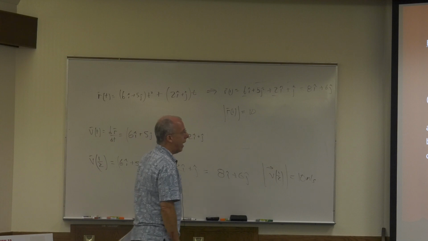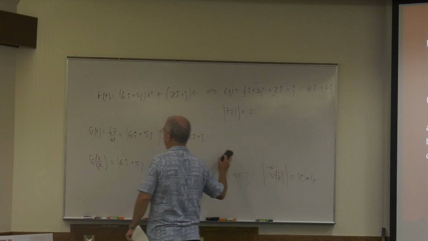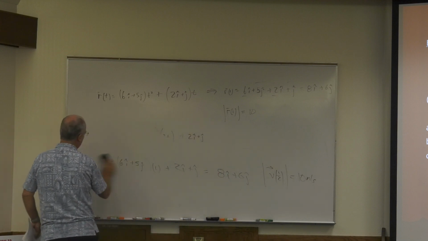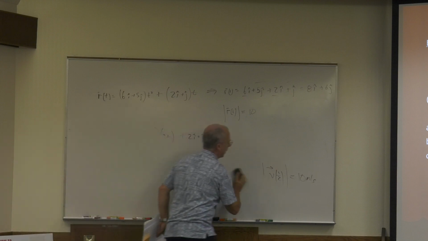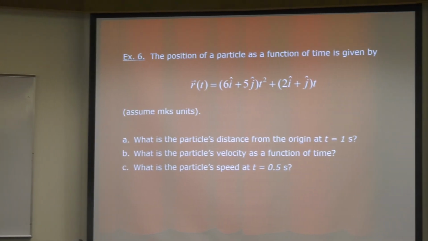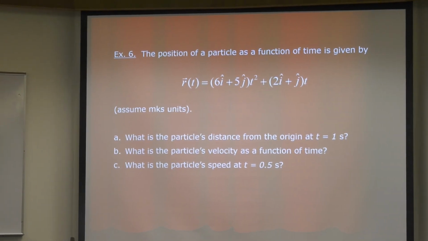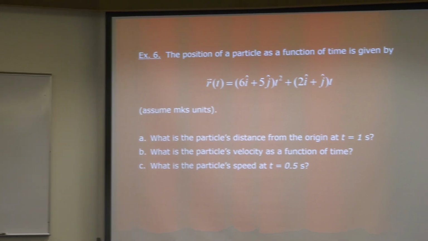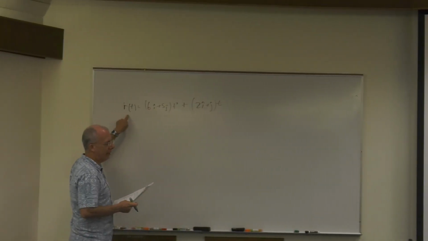All right, now I want to show you something else that you're going to use a lot in lab. And this sometimes drives students crazy, so pay attention. All right, so this is a position, right? A distance.